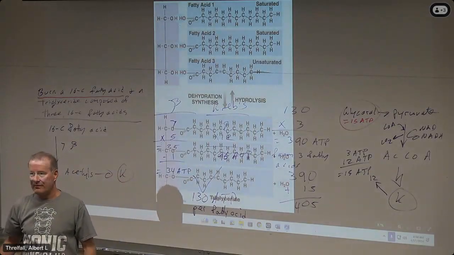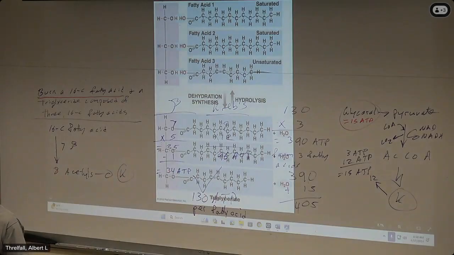Compare that to glucose. This is why all animals on the planet, and when I say animals, I realize that includes, that's the kingdom Animalia, so that includes a lot of things that I'm not really thinking about. So maybe I should say all mammals store their energy as fat.